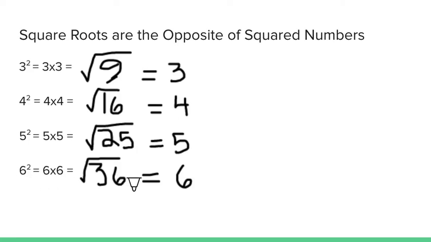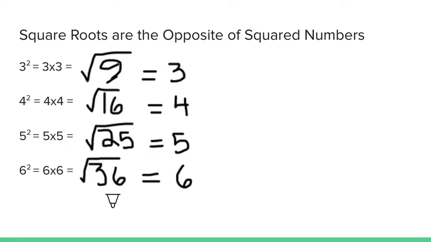So the square root of 81, let's go back here. It couldn't be 6, because we know that the square root of 36 is 6. So it's got to be substantially higher than 36. I know it's got to be higher than 6.